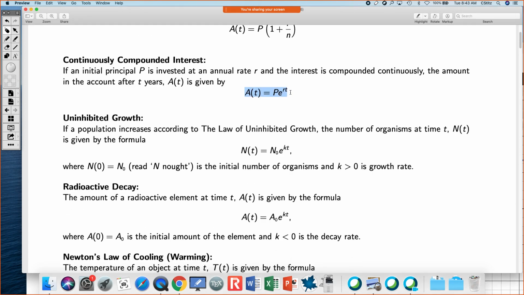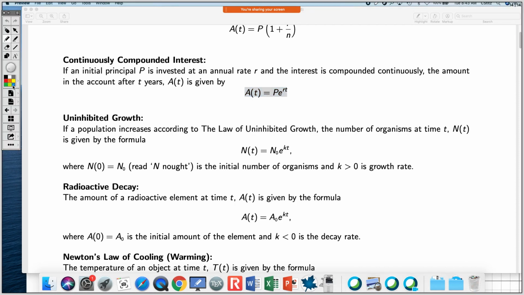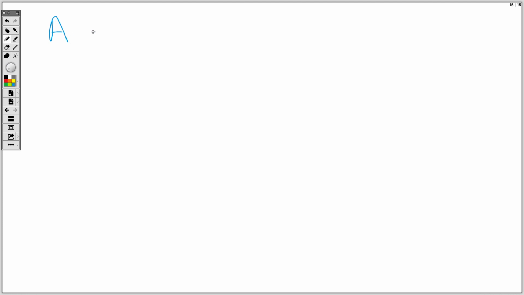And this formula, the PERT formula here, can be picked up and used in a couple more interesting contexts. So if you look at the graph of this thing, thinking of A as a function of time, A of t is P e to the rt.